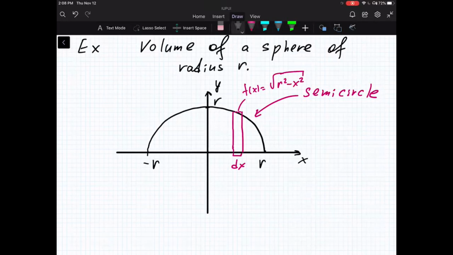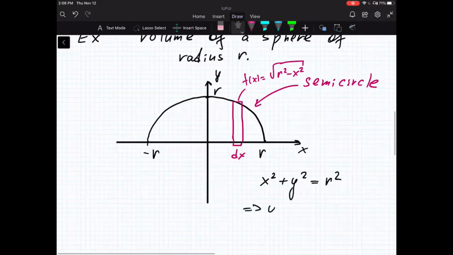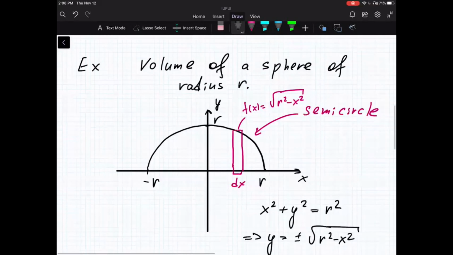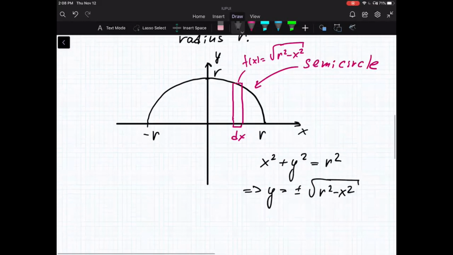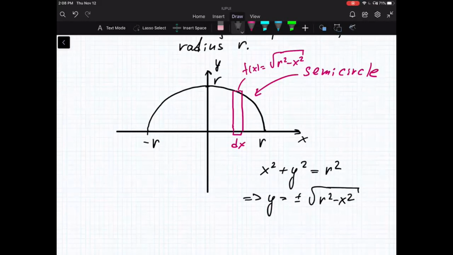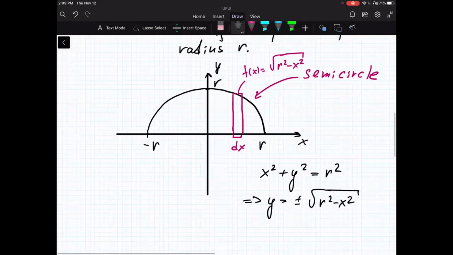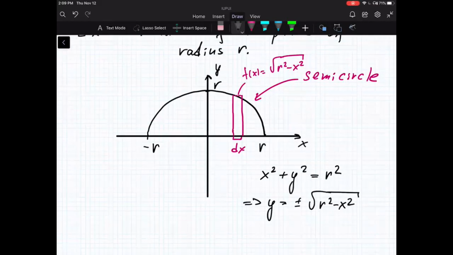Because remember that the equation of the circle of radius r centered at the origin is x squared plus y squared equals r squared. And thus, y is equal to plus or minus the square root of r squared minus x squared. And if I'm interested in the semicircle which is above the x-axis, then it will be just plus the square root of r squared minus x squared.